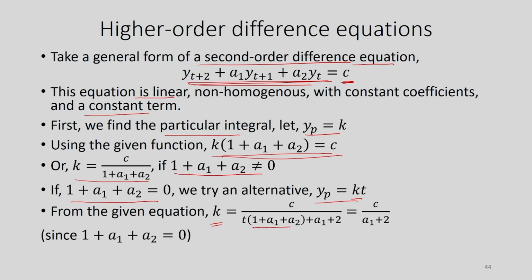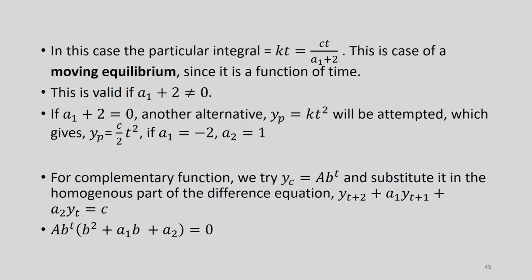However, the first part drops out because it is equal to 0. So, I am getting c divided by a1 plus 2. Therefore, the solution will be this multiplied by t. In this case, the particular integral will be k multiplied by t, that is ct divided by a1 plus 2.